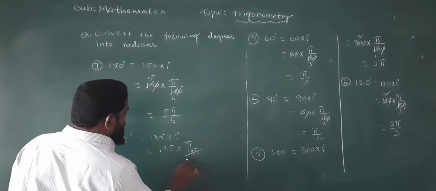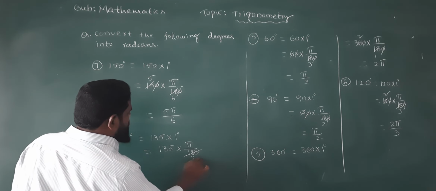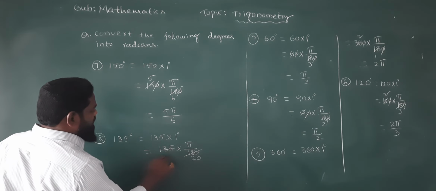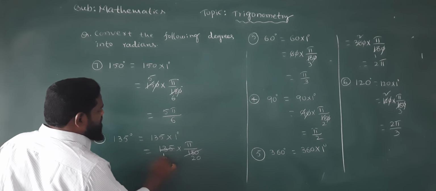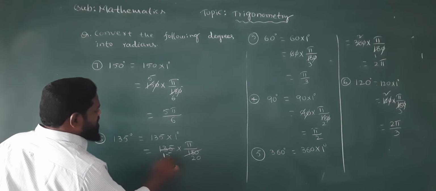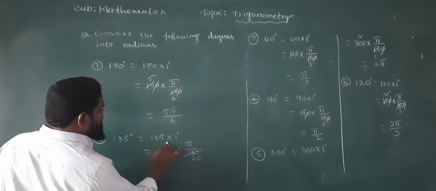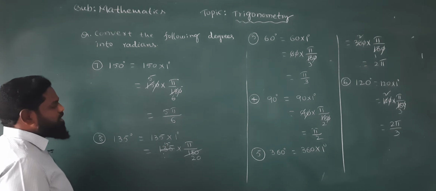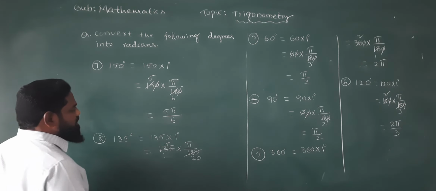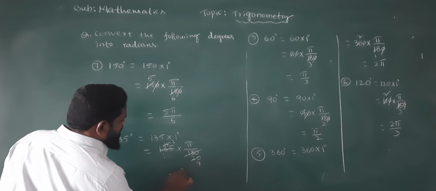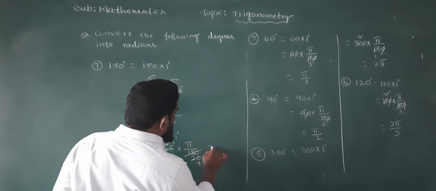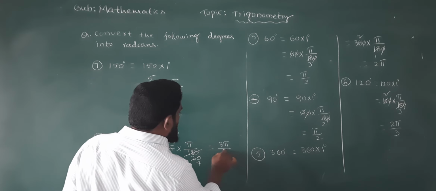Cancel it. Okay. 9 table, 9 1s are 9, 9 5s are 45. Next 5 3s are 15, 5 4s are 20. What will come here? 3 pi by 4.